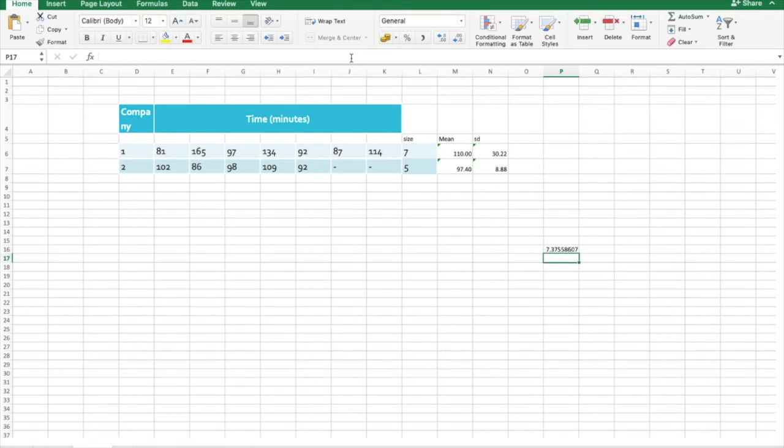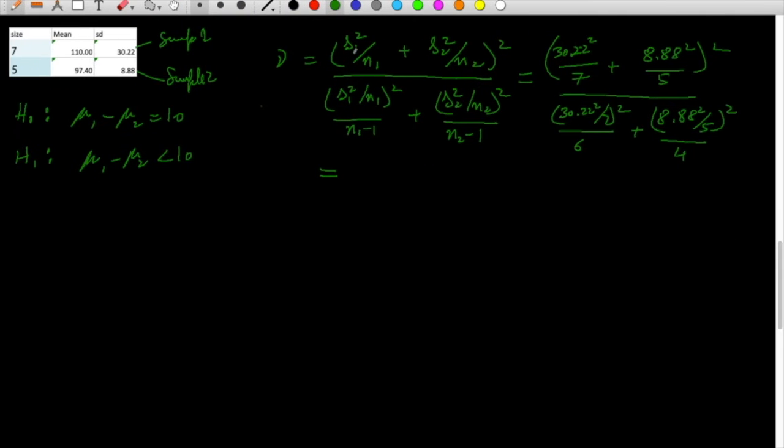That is our degrees of freedom, 7.37, so we will take it approximately as 7. If we take these degrees of freedom, what is the value of t?